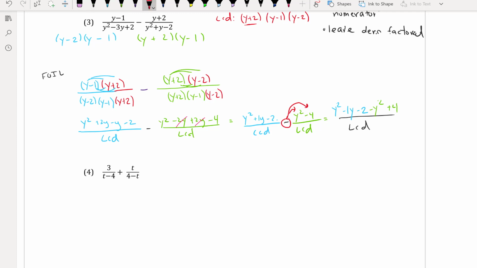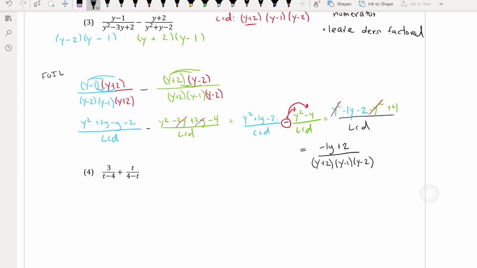So what's really nice about this is that you can see that the y squares cancel out. So my final answer here, I'm going to have a negative 1y, and I have negative 2 plus 4. So negative 2 plus 4 gives me a positive 2. So I'm going to have y plus 2, y minus 1, and y minus 2.